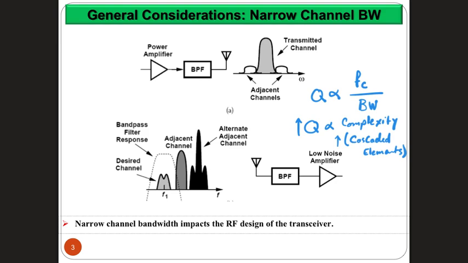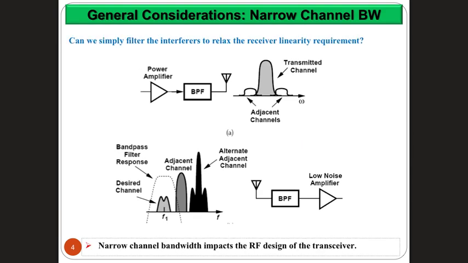So more losses in my filter. Okay. So that's the situation. So basically, in order for us to select a particular signal in narrowband transmission, we typically need high quality factor for our filter design.